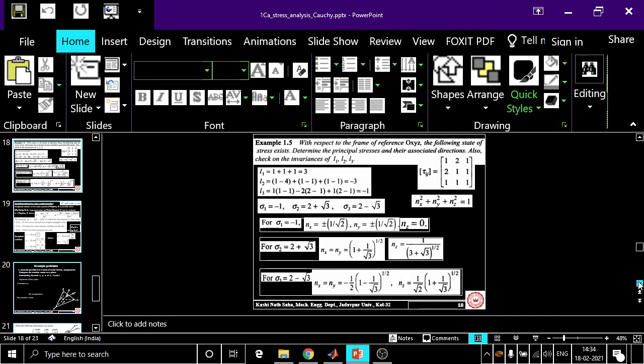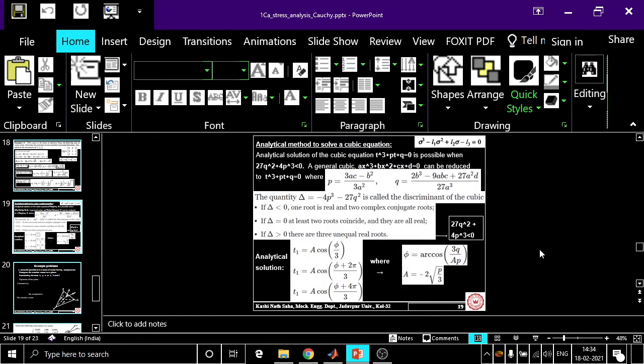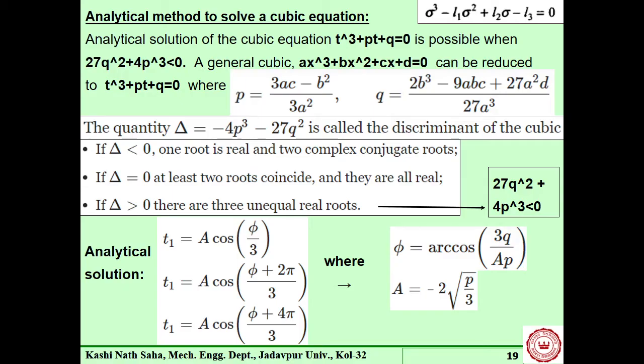Now, one of the methods we mentioned is that if we find out eigenvalues of this matrix, that would give the principal stresses. Second one is the solution of the equation through numerical method. Solution of the equation means this particular equation.